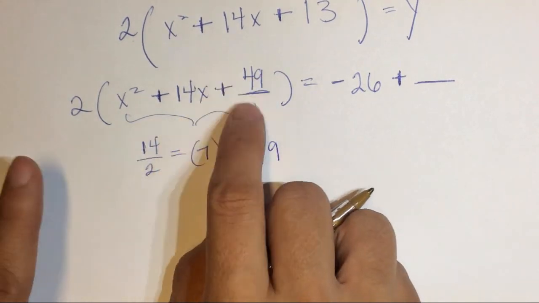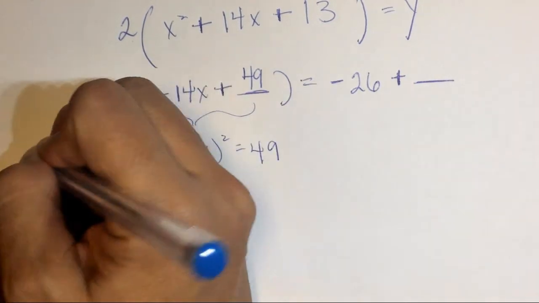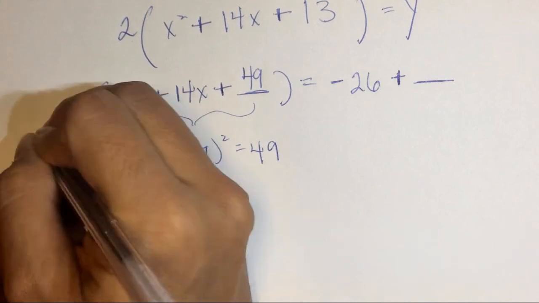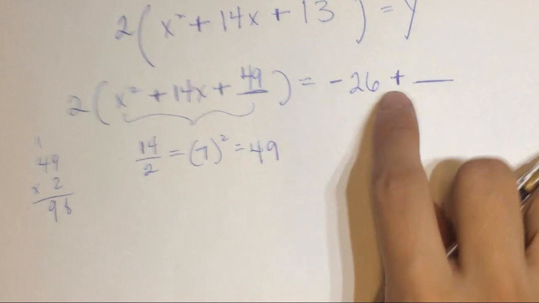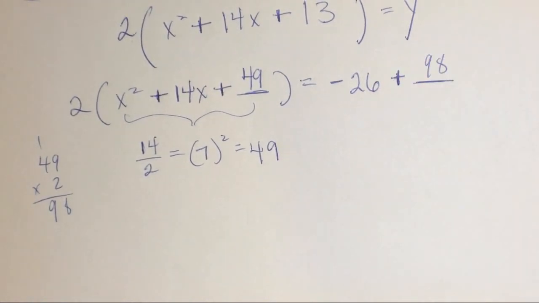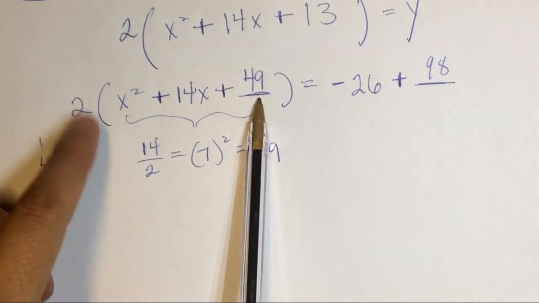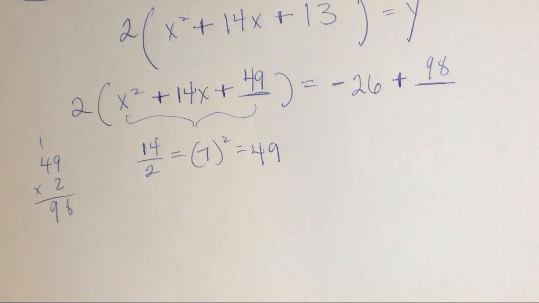So whatever I do to one side, I have to do to the other. So 49 times 2 is 98. So this blank is going to be 98. Because I'm really adding 49 times 2 to this side, so I have to do it to this side.